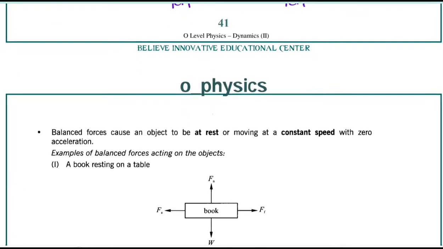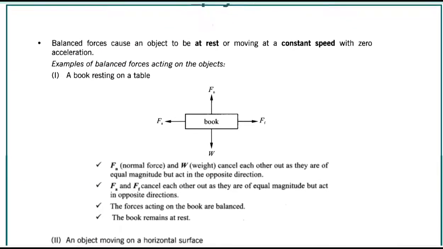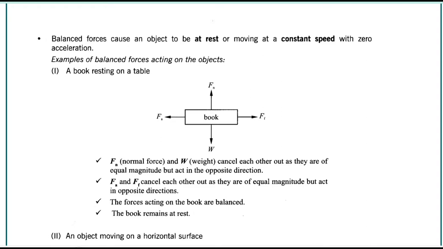Balanced forces cause an object to be at rest, or stationary, or moving at a constant speed with zero acceleration. Is that okay? Most students won't understand the concept of an object moving at a constant speed.